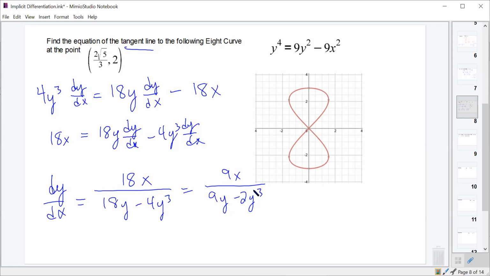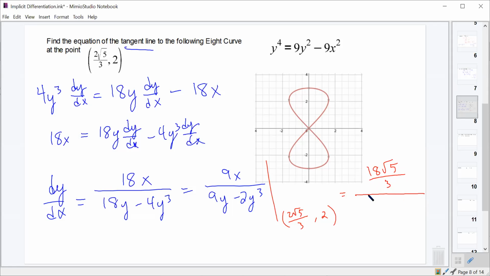Everybody okay with that or no? Yeah. Cool. And where do we want to evaluate this? At the point 2 root 5 over 3, comma 2. So if we do that, our numerator is going to become 18 root 5 over 3.